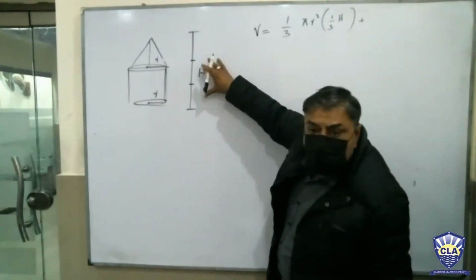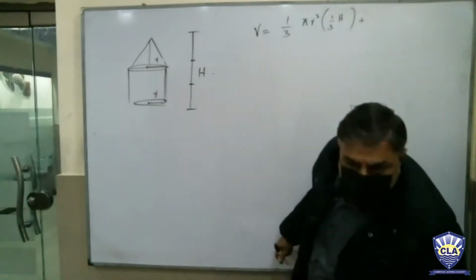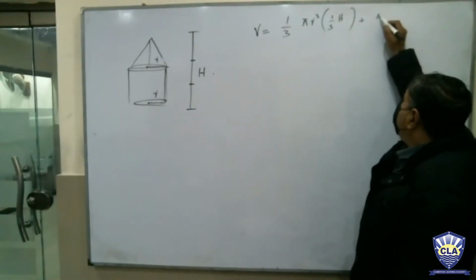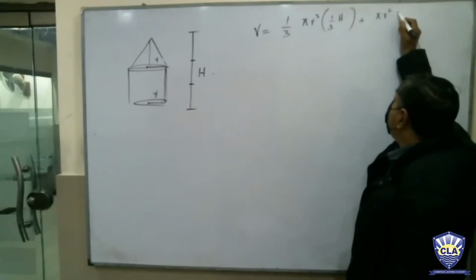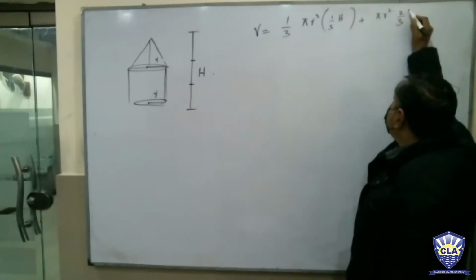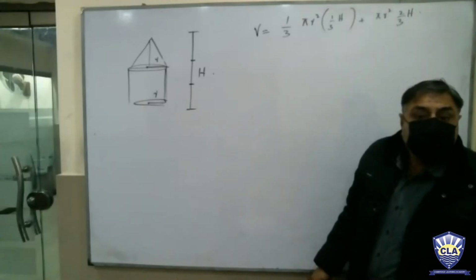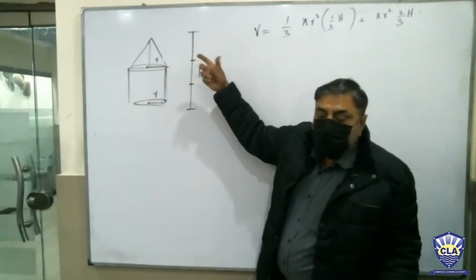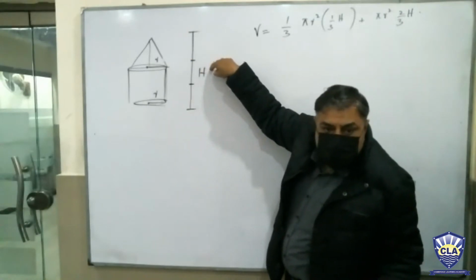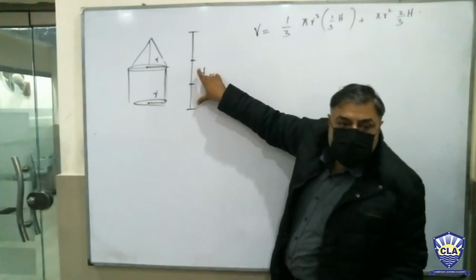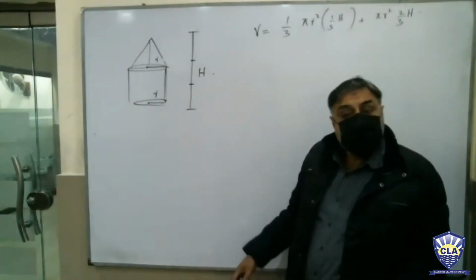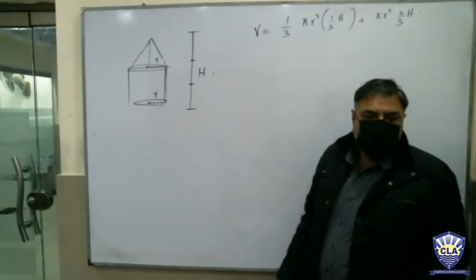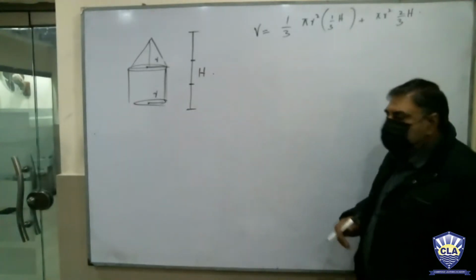Now what is the height of the cylinder? Pi r square into 2h, 2 by 3 h. Divide the height into 3 equal parts, so height of cone is 1/3 of H and height of cylinder is 2/3 of H. It is another way, complicated na?